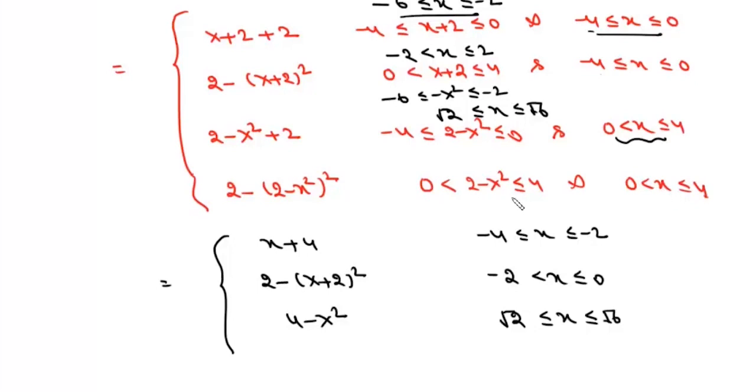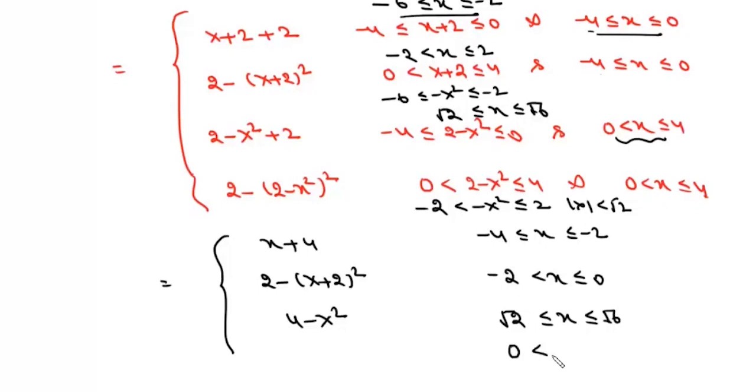And finally, we have this, which is -2 is less than -x square is less than 2. So here we'll have mod of x is less than √2. So this is from 0 to √2.